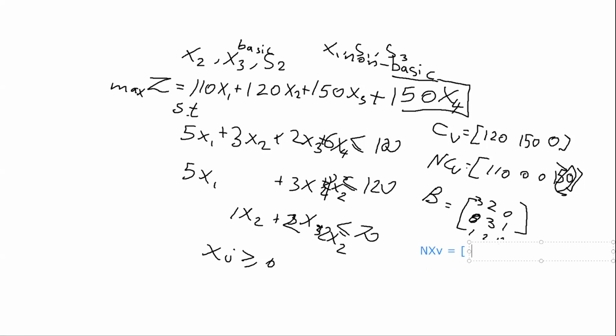This matrix will start from 5, 1, 0. Then I will add right now 6, because 6 is for the product 4.